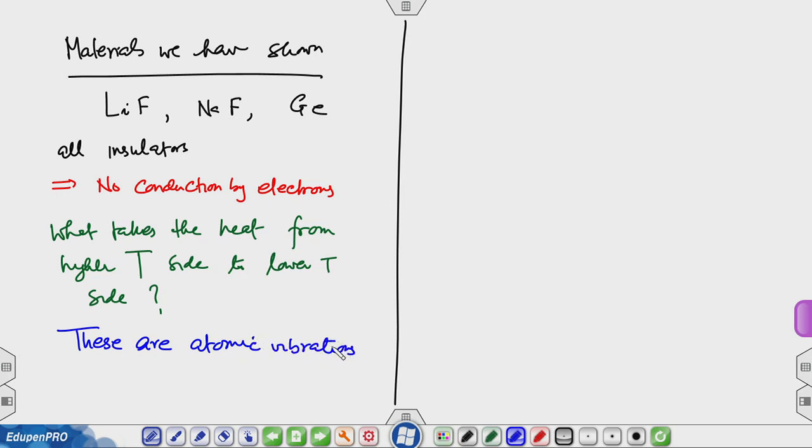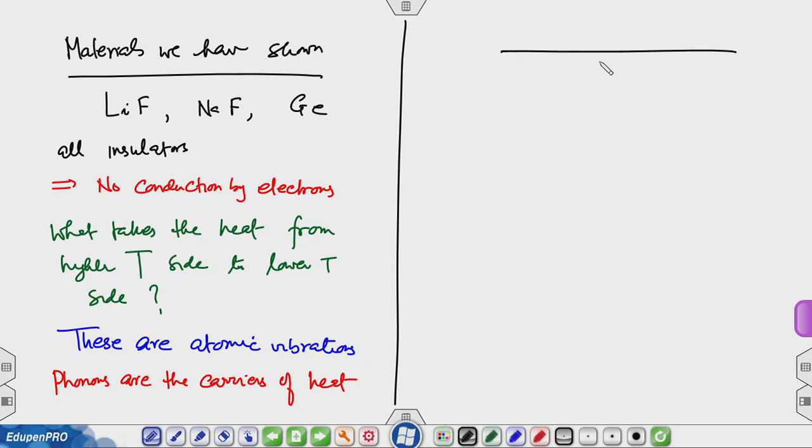And now that we have quantized them, we are going to say that phonons are the carriers of heat. Just like when we considered metals, it was electrons that were carrying heat from one side to the other. Now, we are going to take the phonons that are the carriers of the heat.